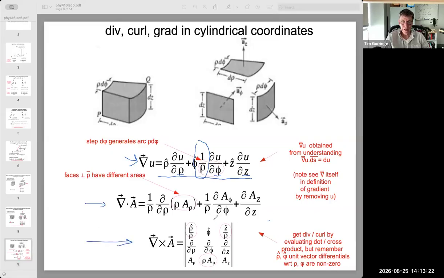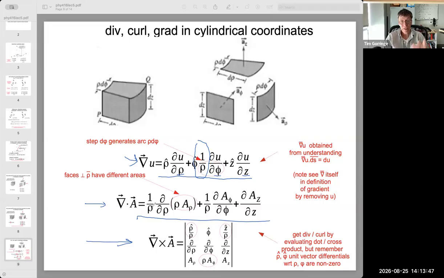Again, I would be asking you to remember back to what those things look like in rectangular coordinates. They look similar, but a little simpler in rectangular coordinates is the answer. So remember, divergence is a scalar quantity. It doesn't have direction. So you don't see any unit vectors over here on the right-hand side in the divergence.